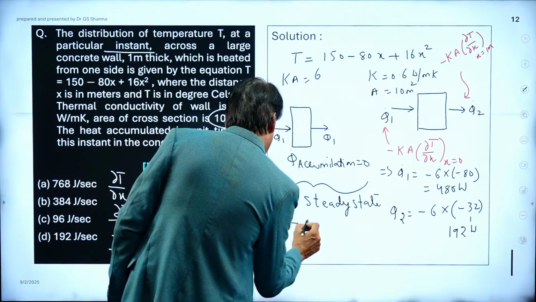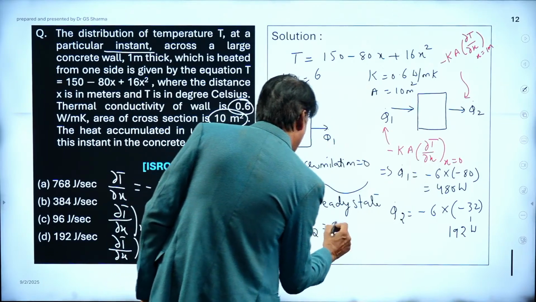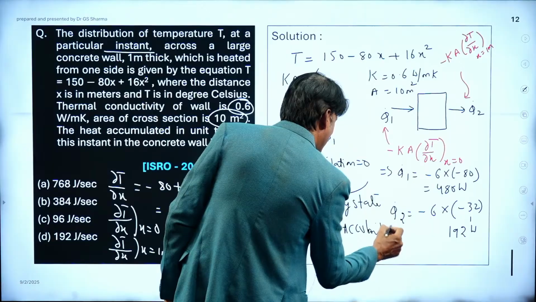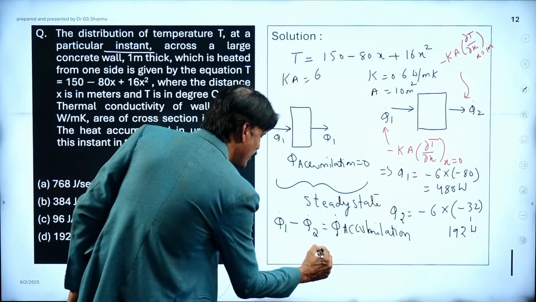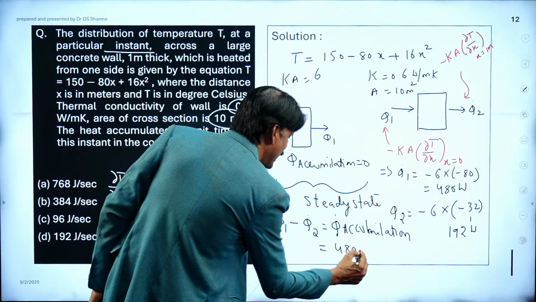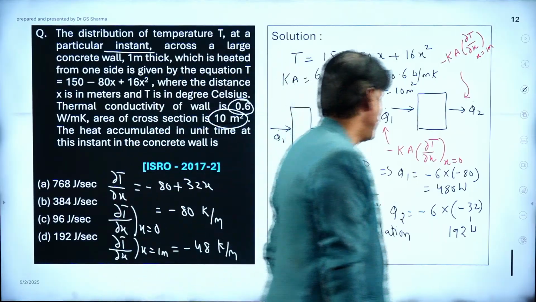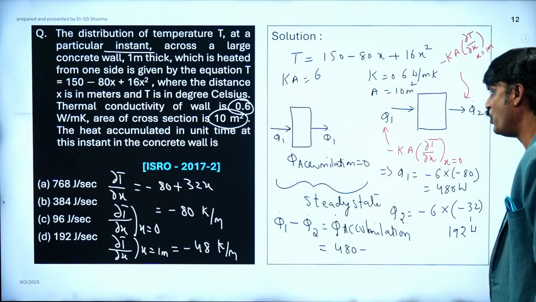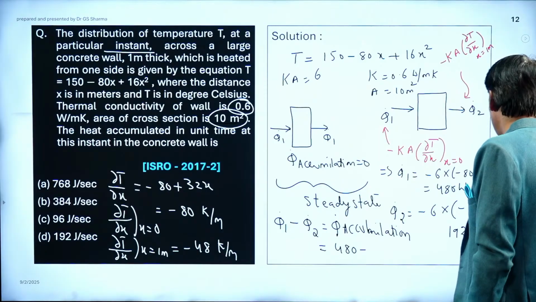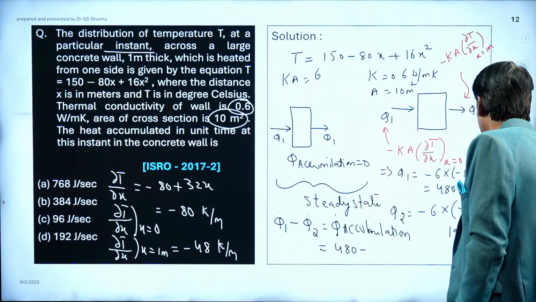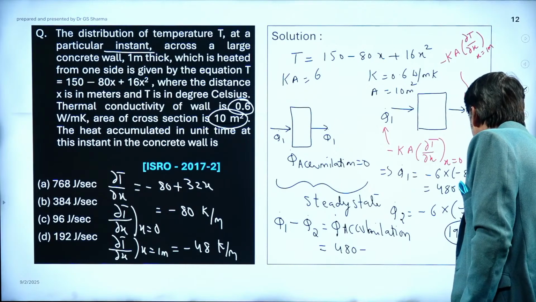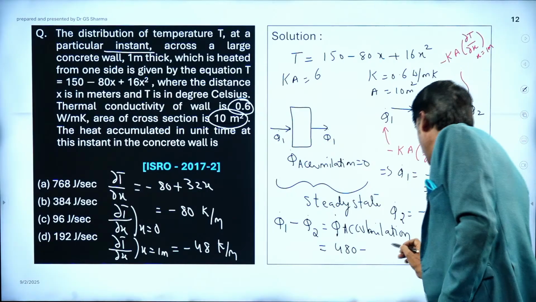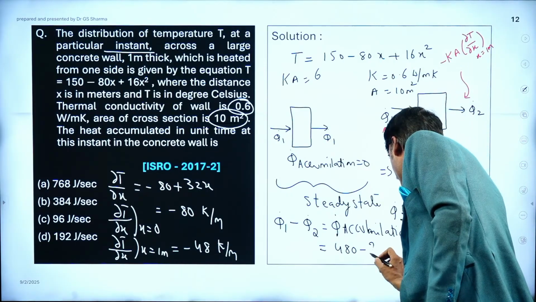Q dot 1 minus Q dot 2 is Q dot accumulation. This value is equal to 480 minus, this is 6 into 2, 12, and just a minute, yeah, this is not 32, this is 48. So this value is not 192, this value is 240 plus another 48, 288.